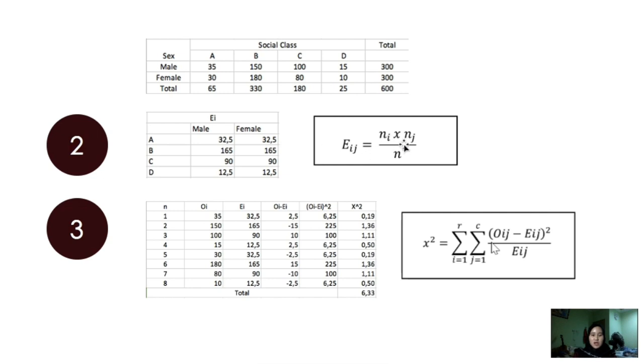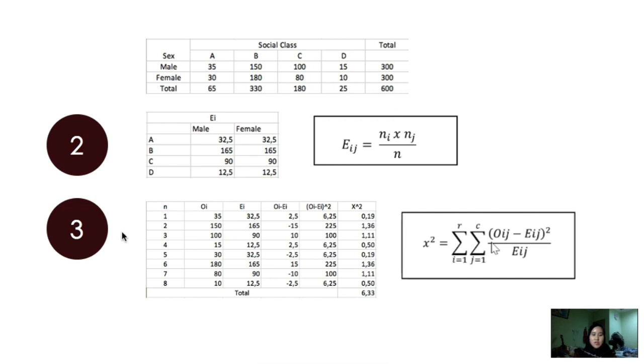Like this, and then for B, it is the total of B times the total of male divided by the total of the overall. After that, so on and so on. And for the female, it is also the same: the total of these times the total of female divided by the total of the overall data. And then we got the result like this, right?